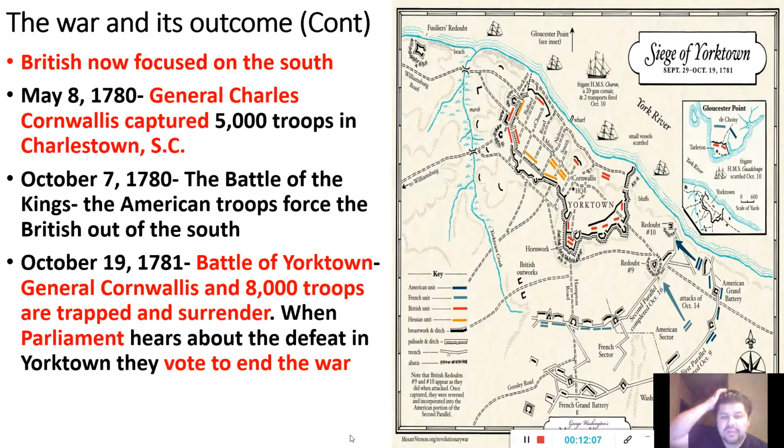Okay, so now that the British have been losing quite a bit, they tend to head south. Now, May 8th, 1780, General Charles Cornwallis, the British commander, captures 5,000 soldiers in Charleston, South Carolina. Cornwallis is a very smart man when it comes to military tactics and military mind.